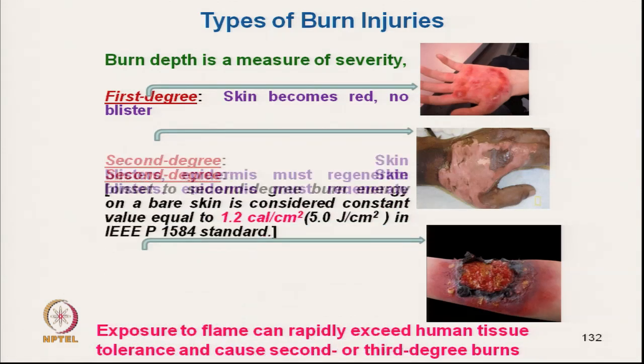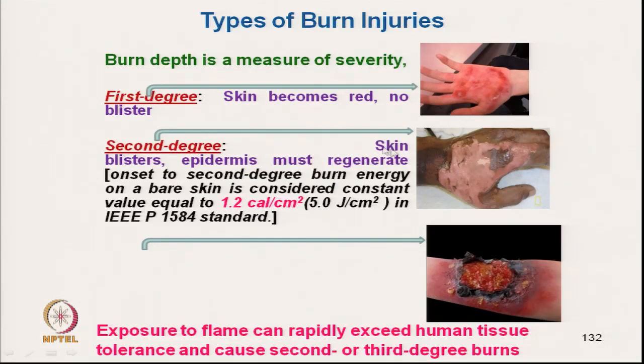In the second degree burn, the skin blisters, and the epidermis must regenerate. So, the epidermis will be regenerated and this can be recovered. In most cases we can go up to this second degree burn.